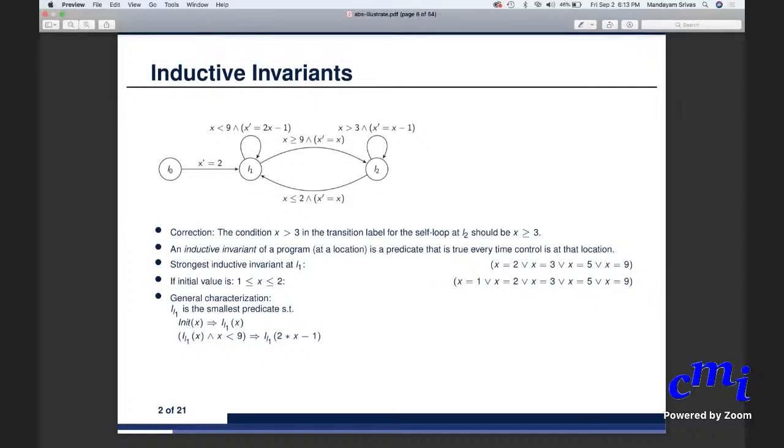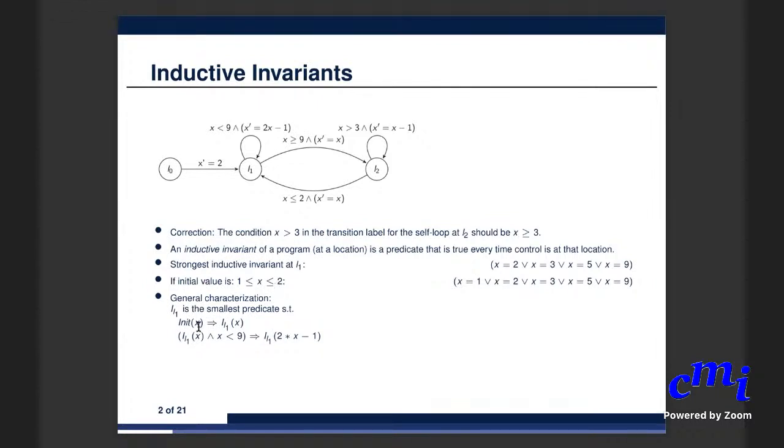First, if x satisfies one of the initial values, then it has to be included as part of that predicate. That's what the first constraint says. Second, if x is already included and x is less than 9, then 2x minus 1 has to be in that set of values characterized by the predicate as well.